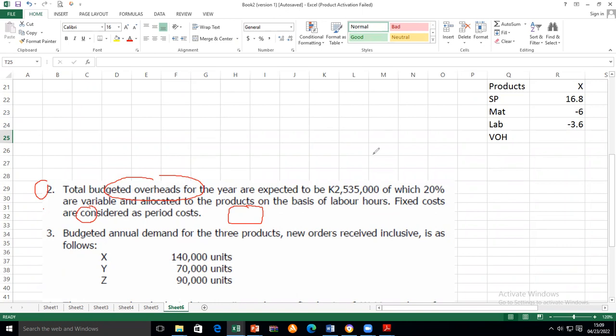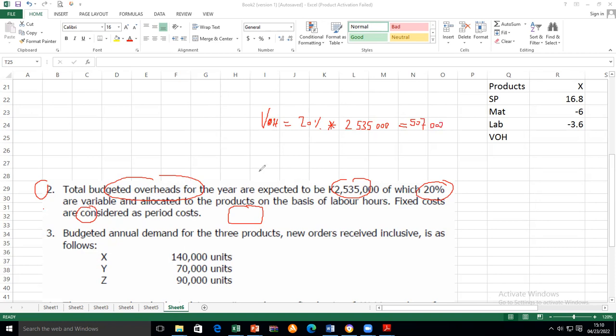Can somebody give me the answer, please? What is 20%? 507.